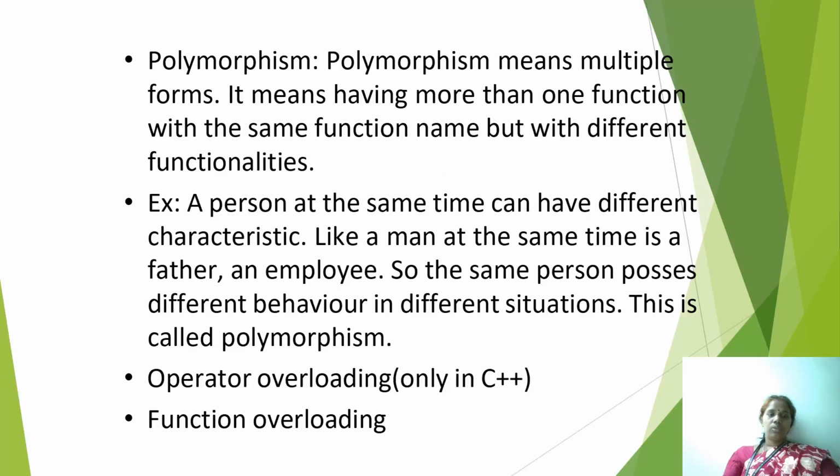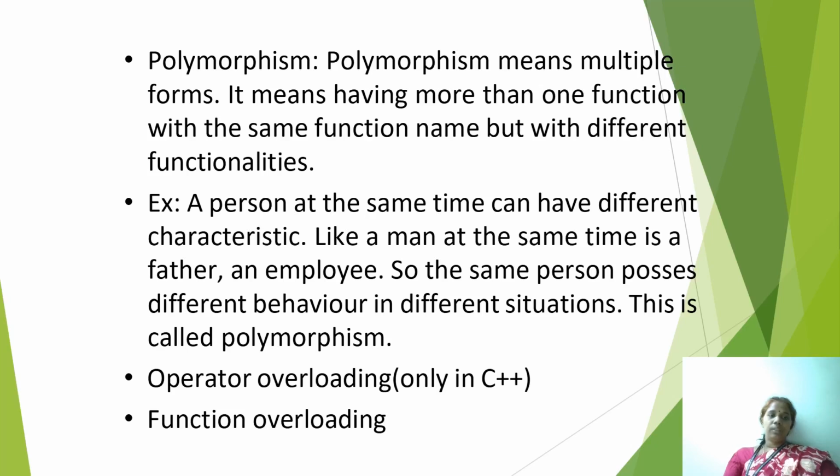Now we are going to see the next concept, polymorphism. Do you know what poly means? We have divided it into two words. Poly means many, morphism means many forms. Polymorphism means multiple forms. It means having more than one function with the same function name but with different functionality.